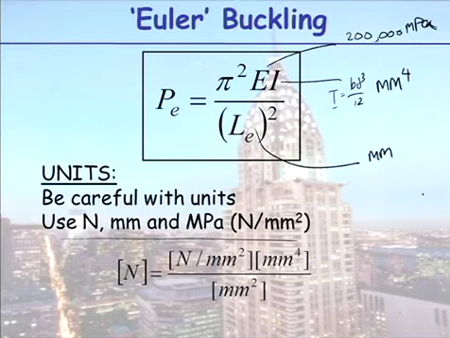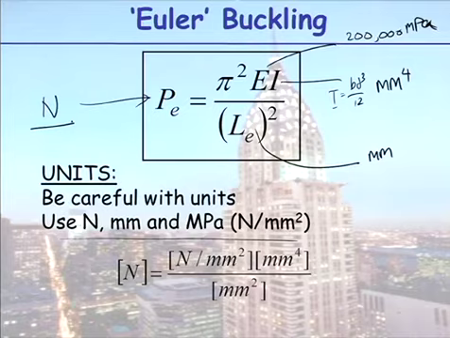And when you do so, your buckle load will come out in newtons. So you can work in whatever units you want. That's just the one I would recommend if you ask me which units to use. So down here your length is millimetres, and because it's squared, you get a millimetre squared term down here, so you can see it all cancels out and you're left with newtons.